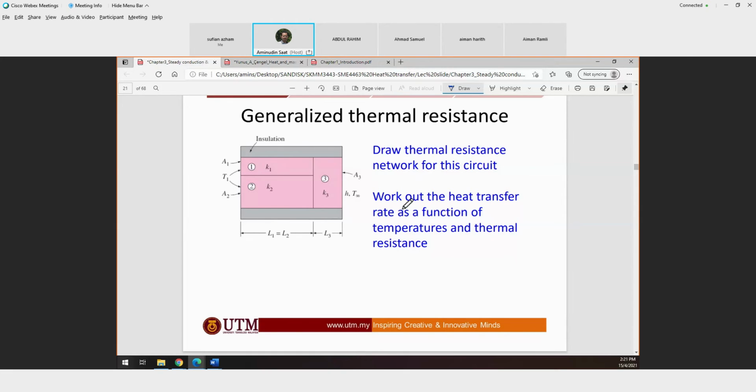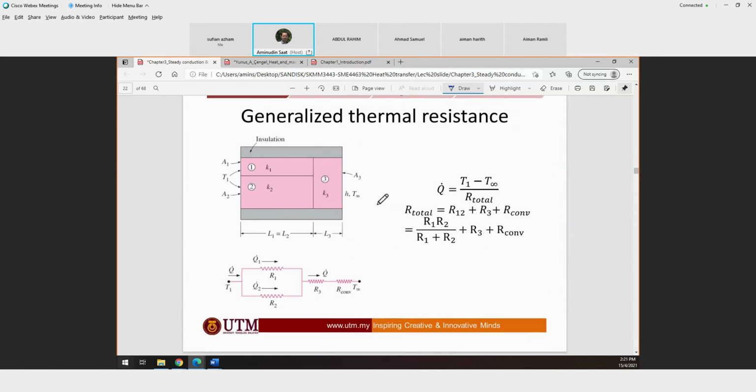In order to solve this kind of example, you need to draw the thermal resistance for K1, for K2, and also for K3.